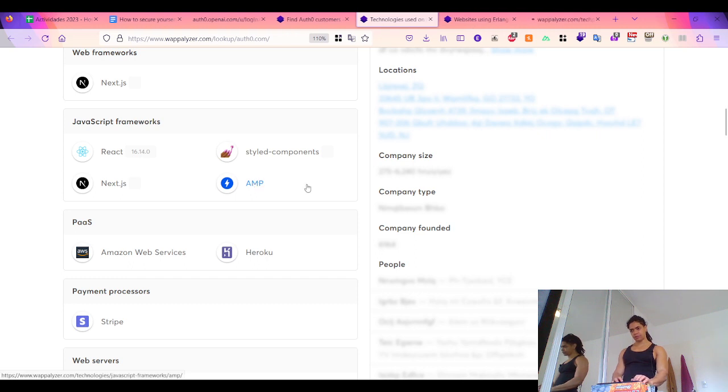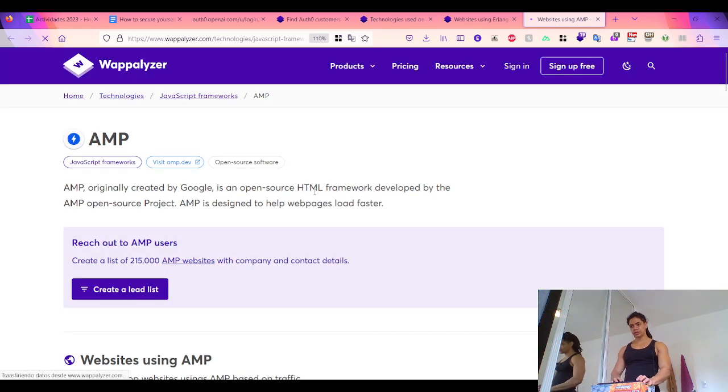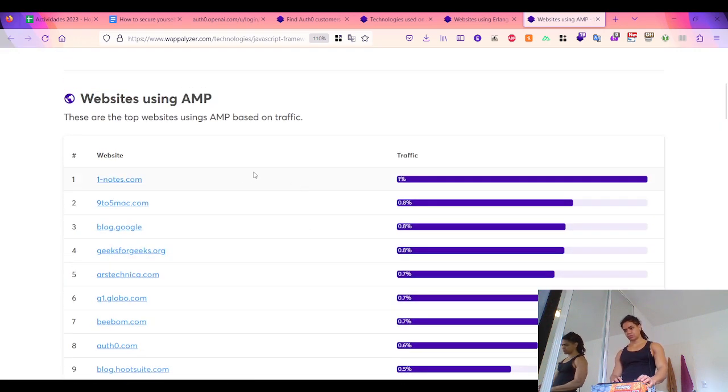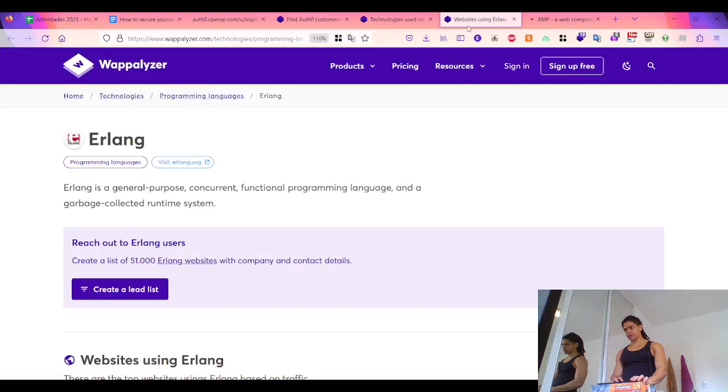This was originally created by Google. It's an open source HTML framework developed by AMP. But this is a JavaScript framework. Okay. In any case, man, I don't want to get into the functional programming language and garbage collector runtime system.